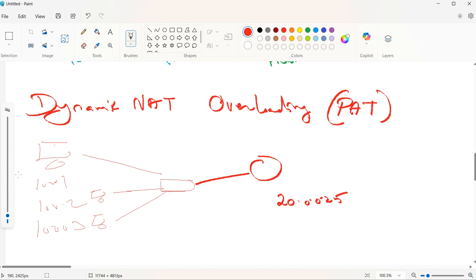You see, when a PC communicates, you also have a port number, right, in layer 4. Let's say this one is using port number 5555 while communicating. This one is using 6666. This one is using 7777. So what will this router do?